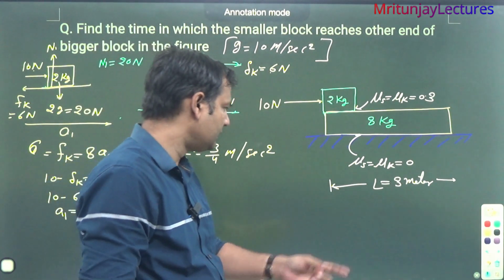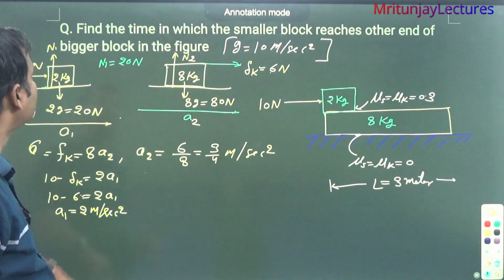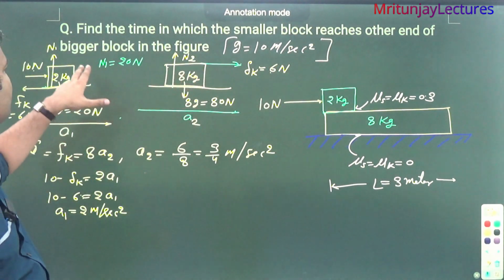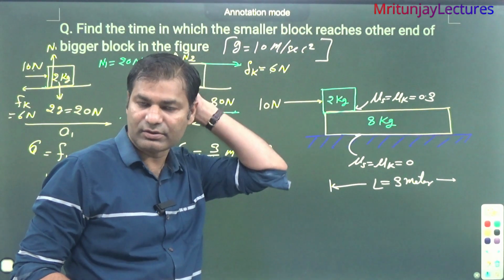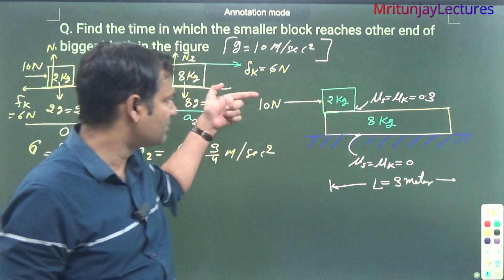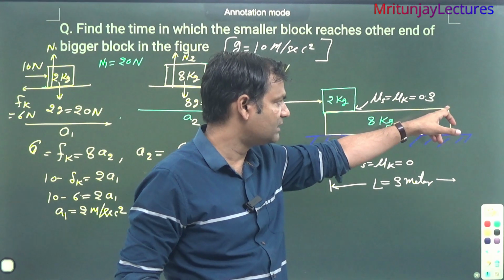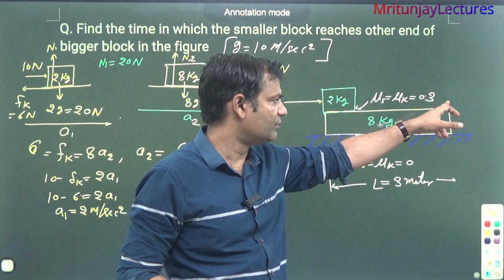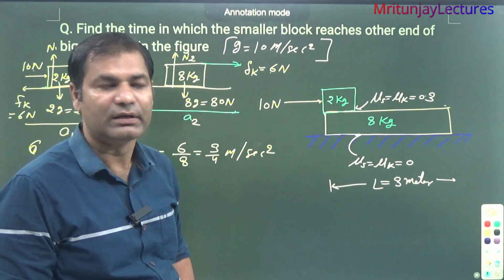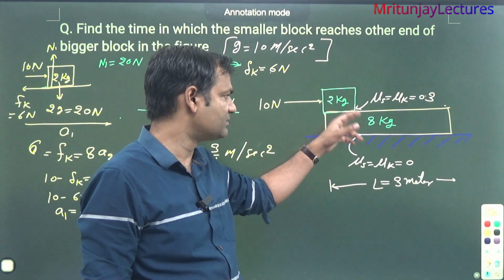Okay. Now we focus on that one. Our motto: determine time. Find the time in which the smaller block reaches the other end of the bigger block. Clear or not? So first of all, determine relative acceleration, because both are moving in the same direction. Here A1, here A2. If you sit here and see this block, relative acceleration occurs between these two.